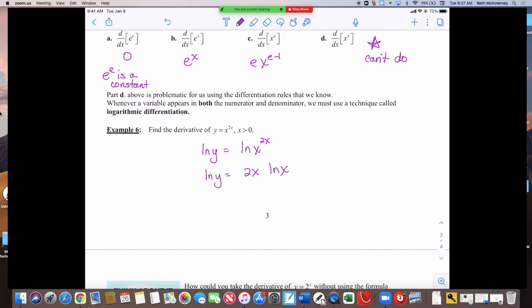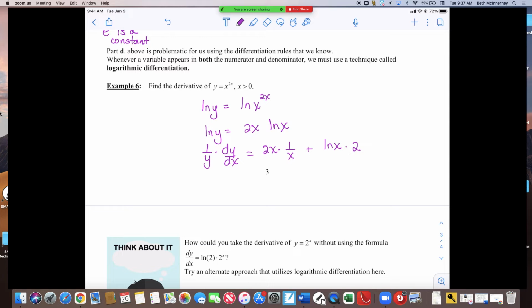Now take the derivative of both sides. So that's 1 over y dy dx equals the first times the derivative of the second plus the second times the derivative of the first. So anytime you have a variable in your exponent, you can, in fact, do logarithmic differentiation, where you find the natural log of both sides.